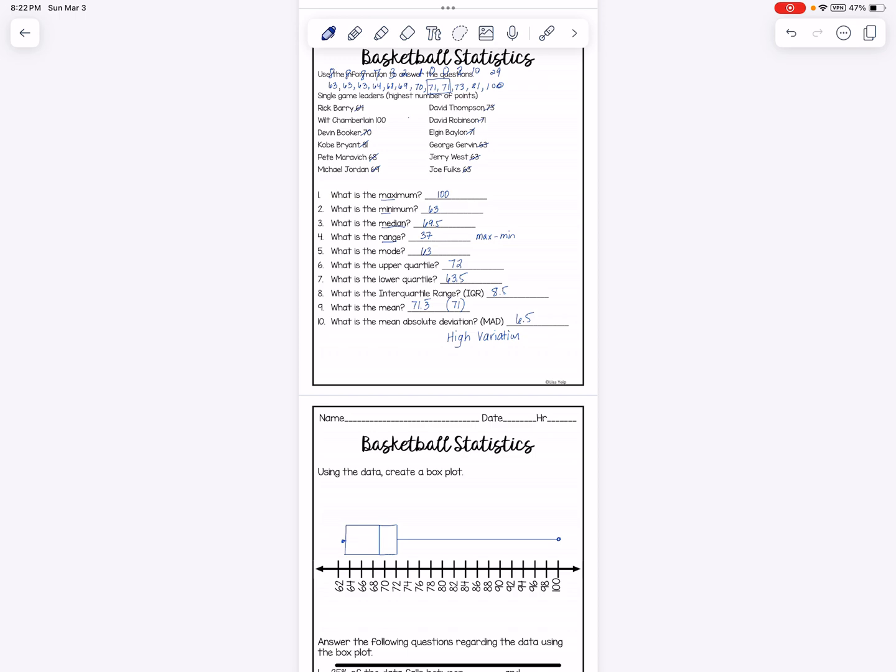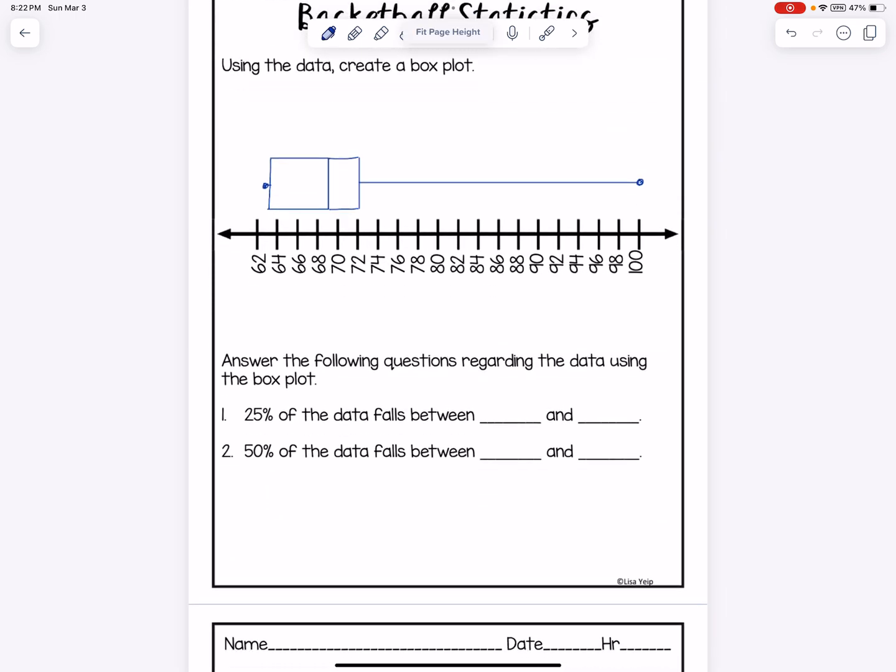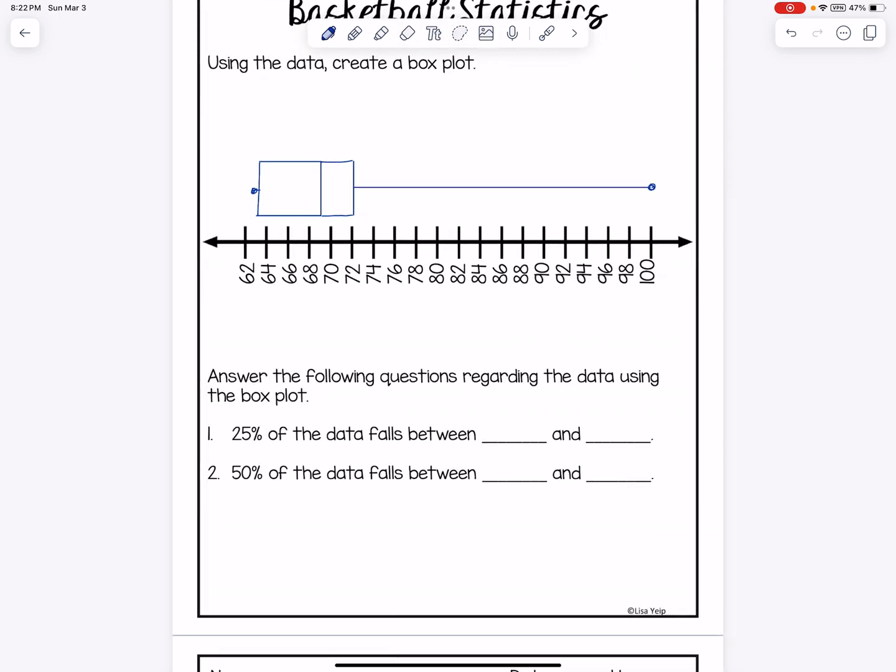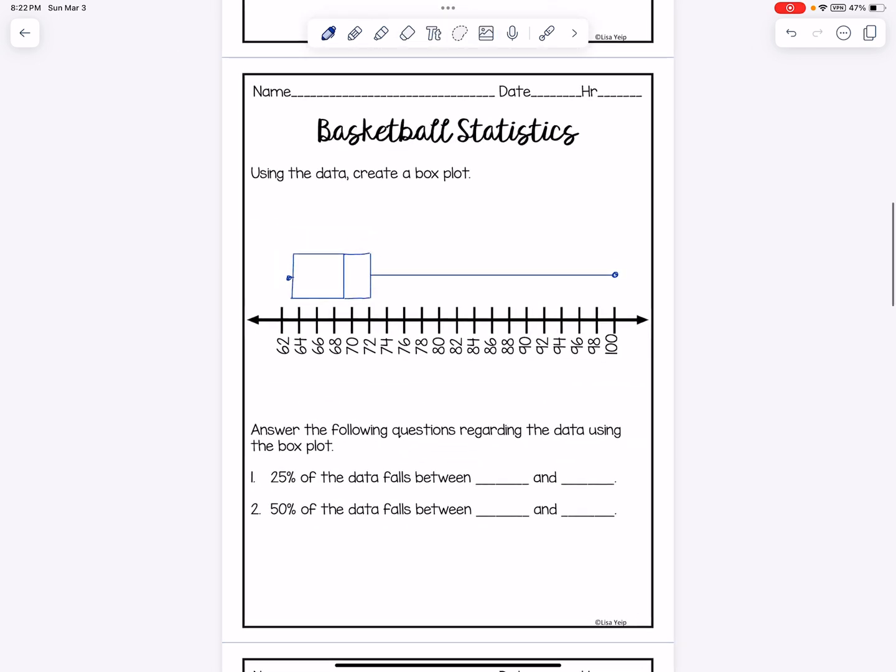What you can see when you analyze this is it asks us these questions. Where's 25% of the data? Well, 25% of the data falls between, and 50% of the data falls between blank and blank. When we're talking about the data, I just want you to see where these pieces are.